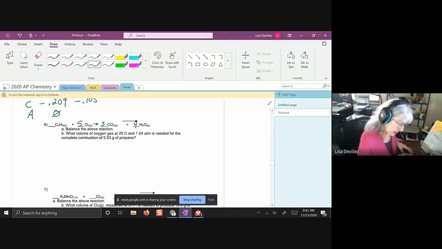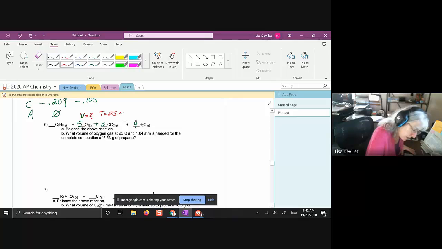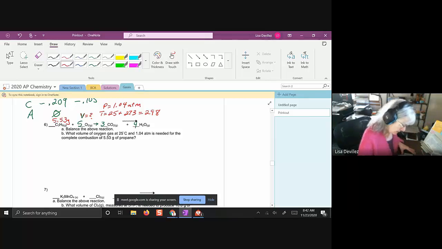Okay, so we have once the volume, change colors, once the volume, and my temperature is 25 plus 273. So that's going to be 298. And my pressure is 1.04. Okay, and I have 5.53 grams. And my molar mass of that, let's see, 3 plus 8.